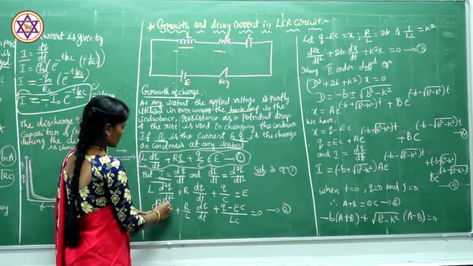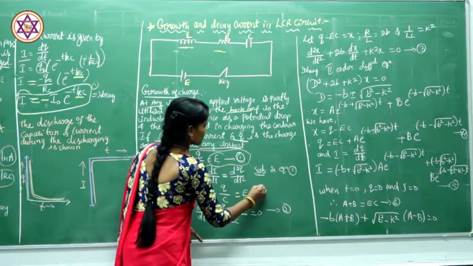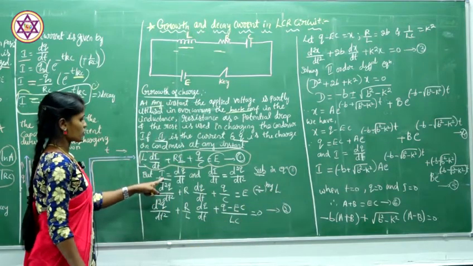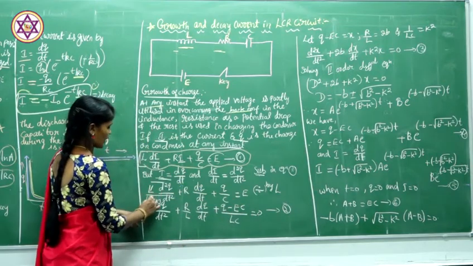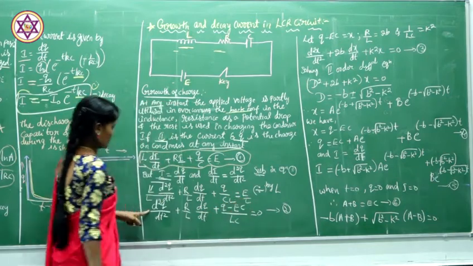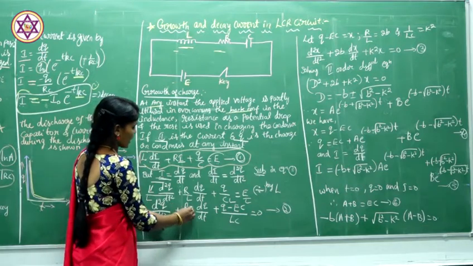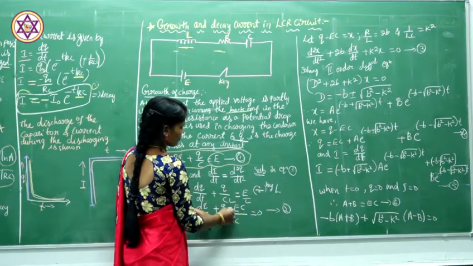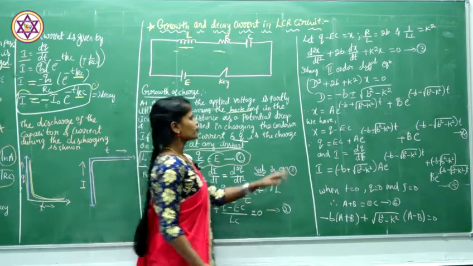Dividing throughout by L, we get d square q by dt square plus R by L dq by dt plus q minus EC by LC equal to 0. This becomes equation 2.